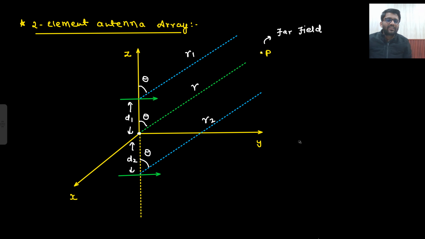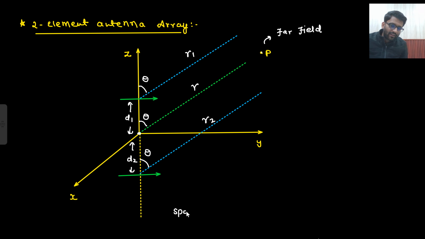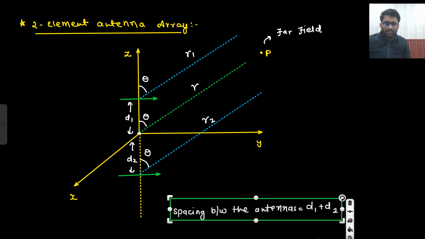The spacing between the antennas is d1 plus d2, it is neither d1 nor d2 alone. From the origin, this is d1 upward and this is d2 downward.